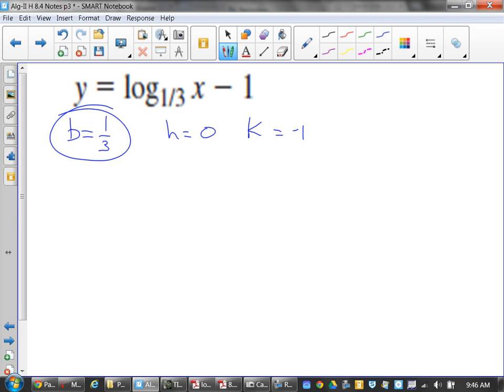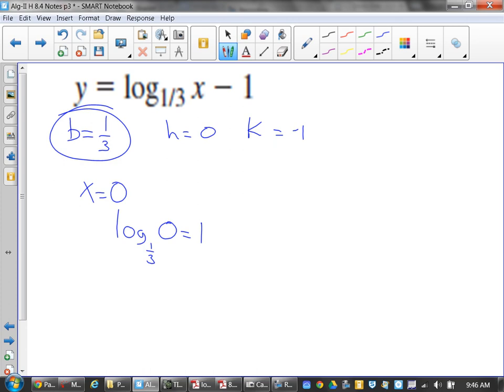So 1/3 to the 0 power is what? 1. So if I'm choosing x at 0, that means I'm doing the following: log base 1/3 of 0 is 1. We okay with that?